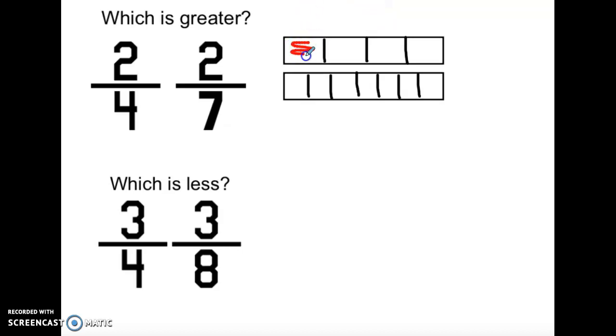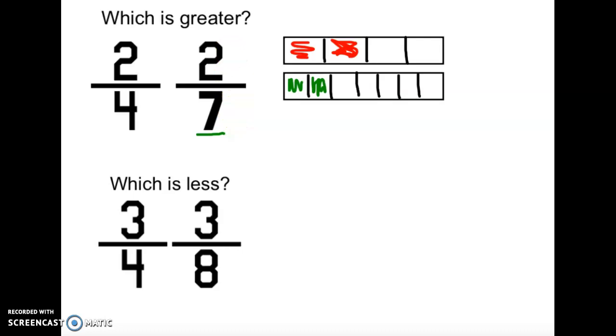So I'm going to eat two pieces out of this one, and I'm going to eat 2 pieces out of this one. So in both candy bars, I'm eating 2 pieces. But because there's a bigger bottom number here, that means I have more pieces, and the pieces are going to be smaller.